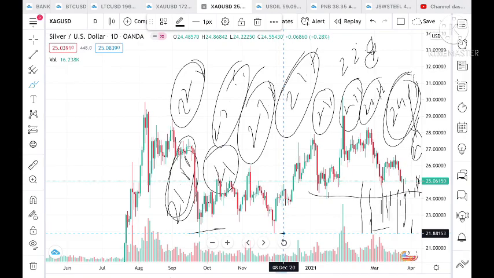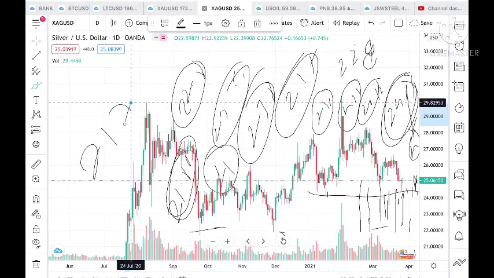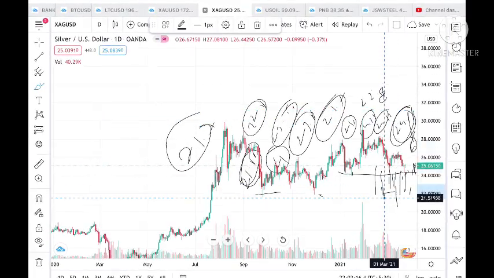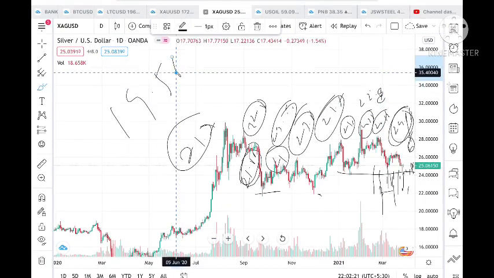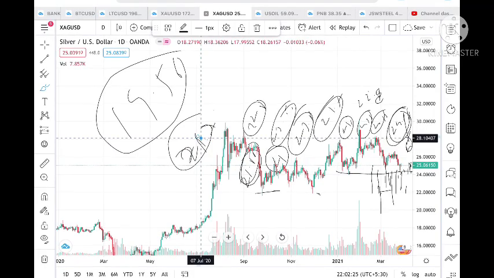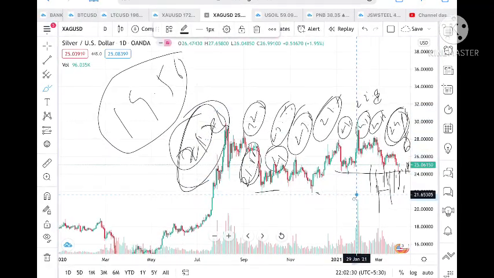Once 21.7 is touched, the next immediate support is around 19.6. So remember, once it breaks a level of 21.6, the next support we can see is around 19.6.